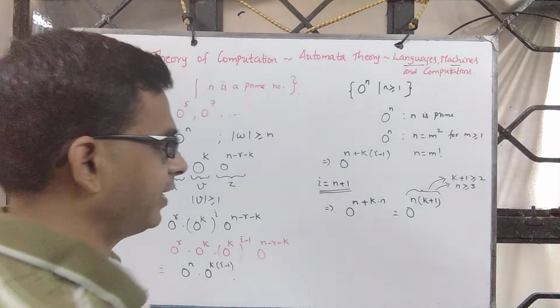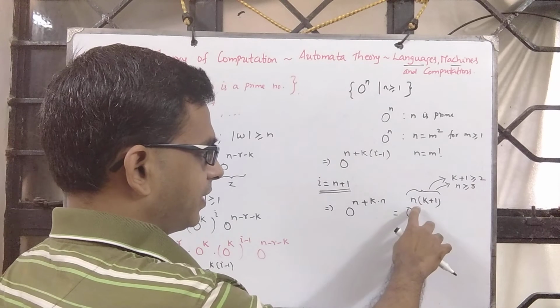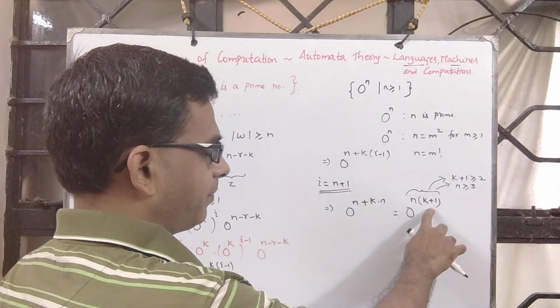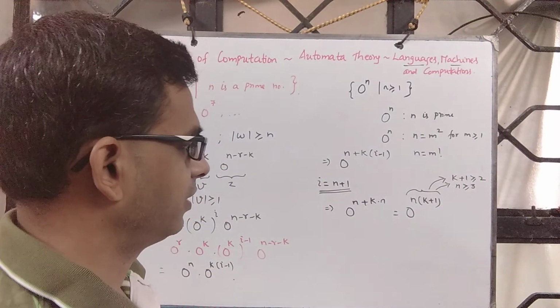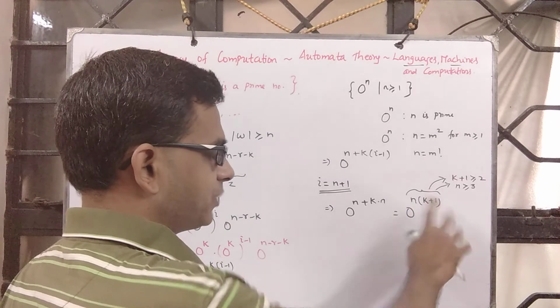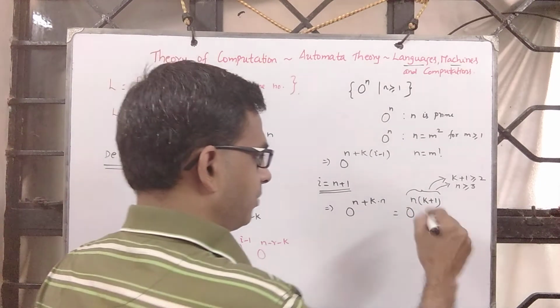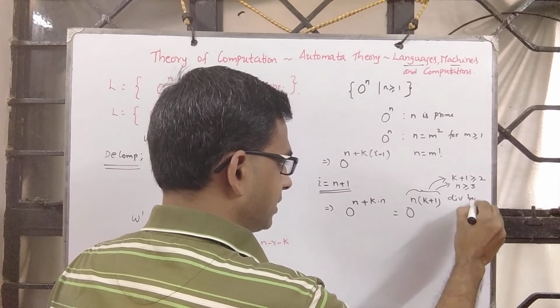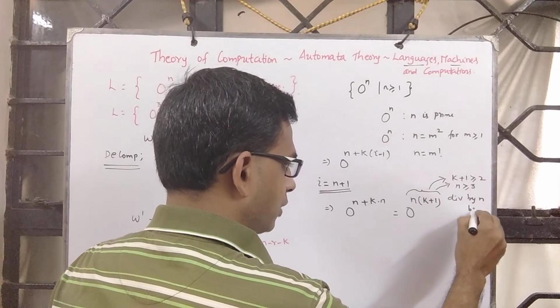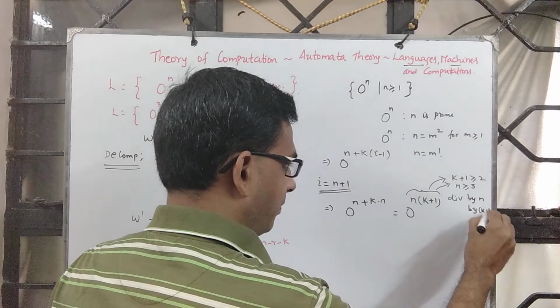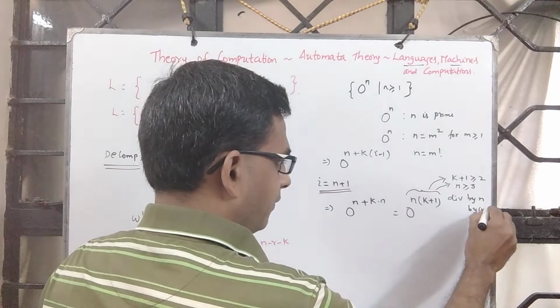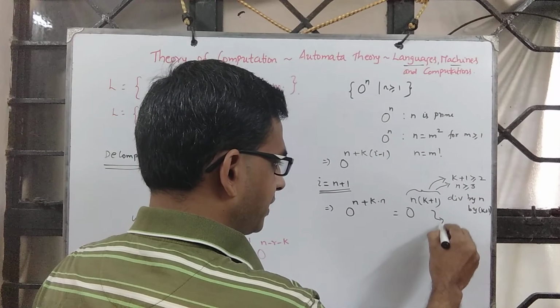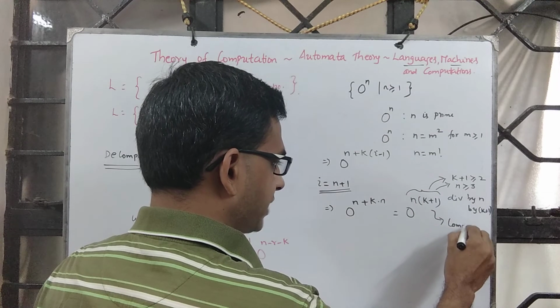So clearly neither n nor k plus 1 is 1. And most importantly, this expression is divisible by n. This is also divisible by k plus 1, which means this one is a composite number.